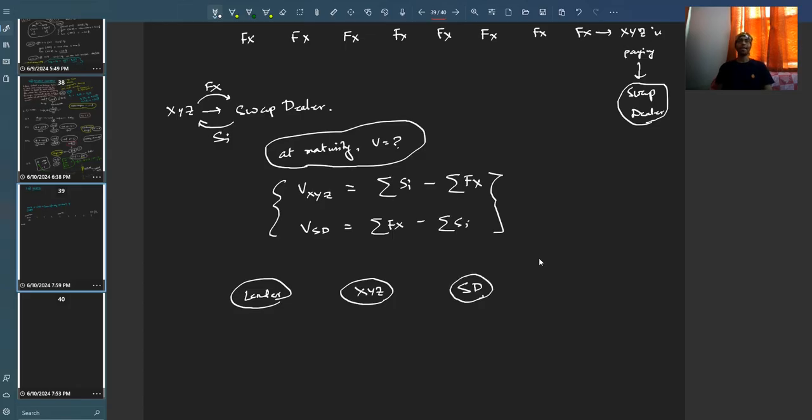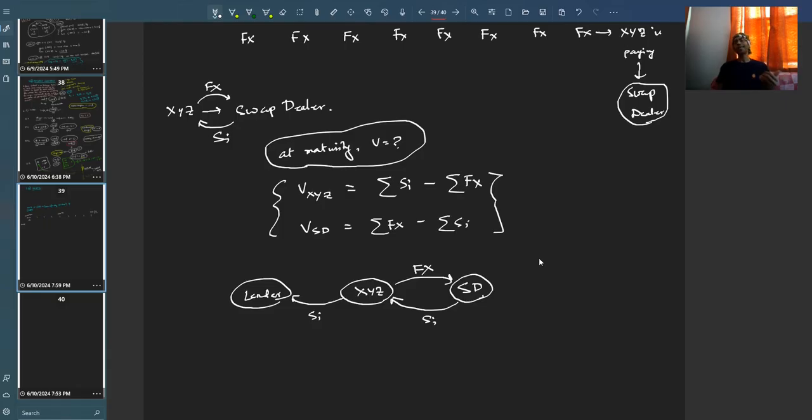Now, XYZ is paying FX at each period to the swap dealer. The swap dealer is paying the variable payment, Si. This variable payment, XYZ is paying back to the lender. So the lender gets what it wants, XYZ gets what it wants, and the swap dealer also gets what it wants.